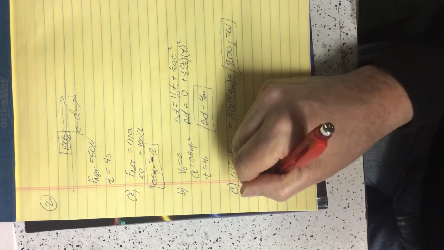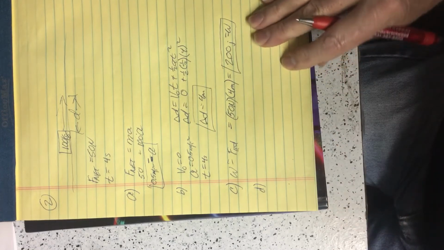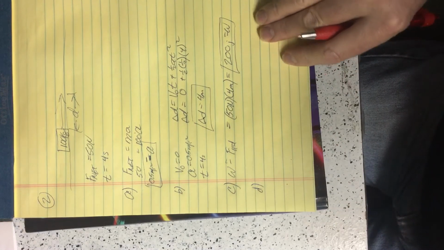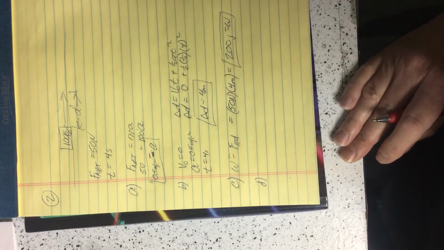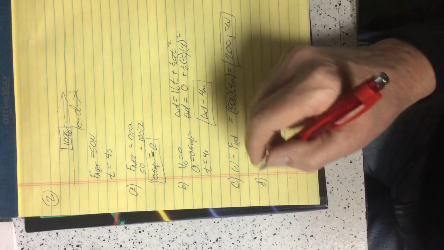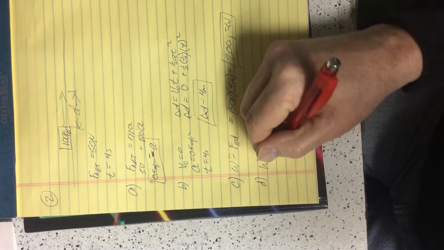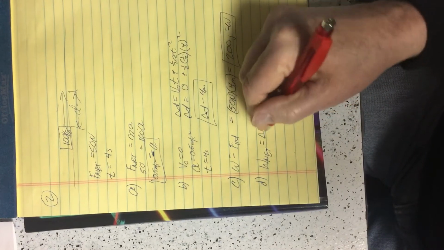Part D. What is the velocity of the crate at the end of 4 seconds? So the formula we have for that, again, we could do it 2 ways. We can use Newton's handy dandies, or we can use the work-energy theorem. So what we have is the net work is equal to the change in kinetic energy.